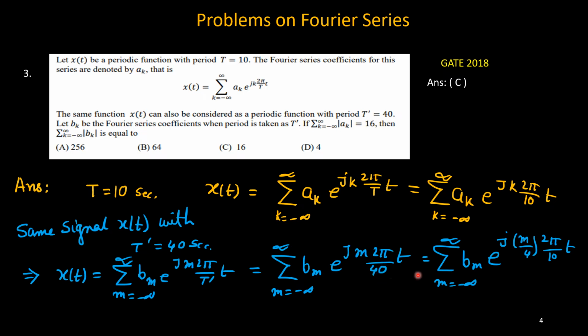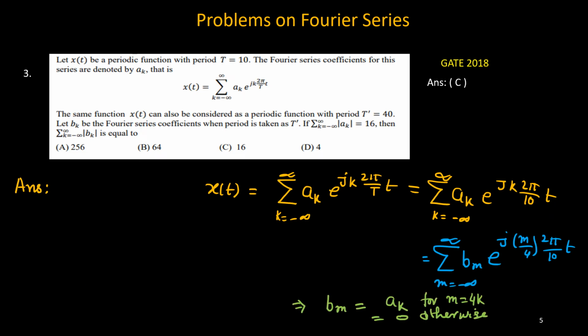Now this 40 we can rearrange in this form. So summation of b_m e to the power j, 2 pi over 10 times t, and here we will consider m over 4, so 4 into 10 is 40. This 4 I am considering here. So we want to equate these two because both are expressions for x(t).